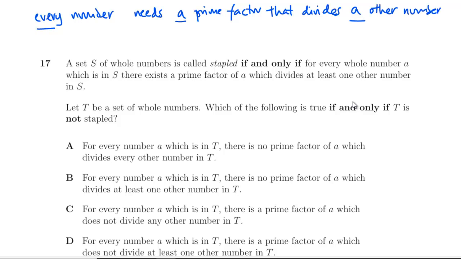So we've got an every and a there exists. Right, so we've got a very strict condition here that every single number has to satisfy this, but it doesn't have to be all the prime factors, and it doesn't have to divide into all other numbers. Right, so what are our options?